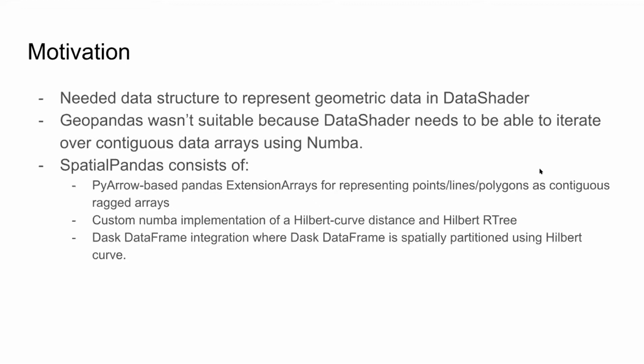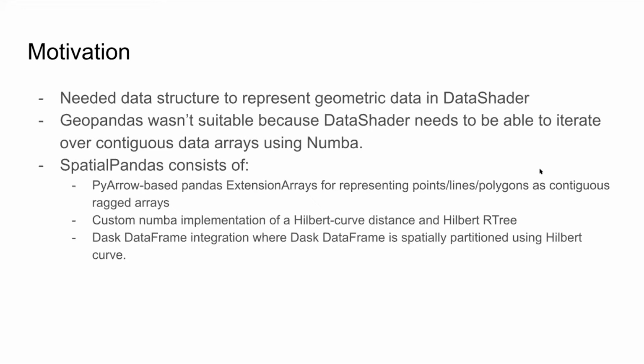But it wasn't really an option to have Datashader run directly on GeoPandas as a representation. That's because Datashader is designed to work on top of data frames, and basically it uses Numba to traverse these vectorized arrays of contiguous memory in the data frames, and then from that write into a buffer to do the rasterization part.